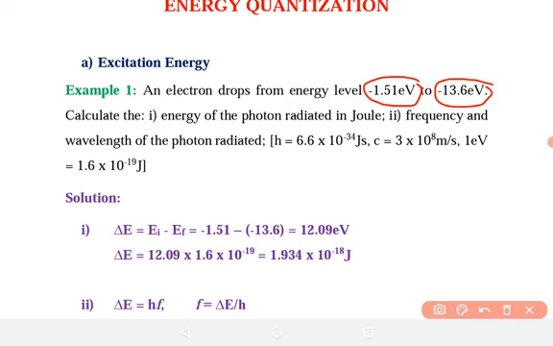To find the change in energy, that is the photon radiated, we substitute them into this formula, and that is what we have here. And that will give us 12.09 electron volts. But from the question, we were asked to calculate the photon radiated in joule, but what we did here is photon radiated in electron volt.